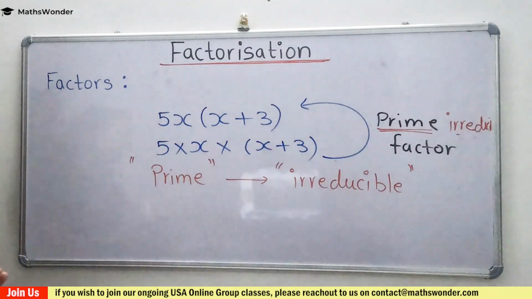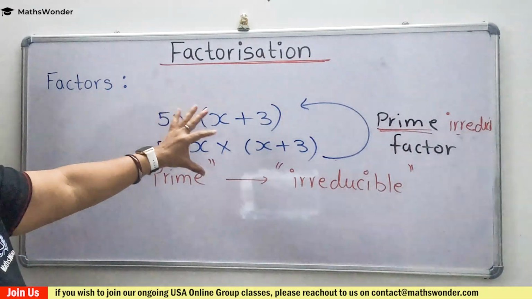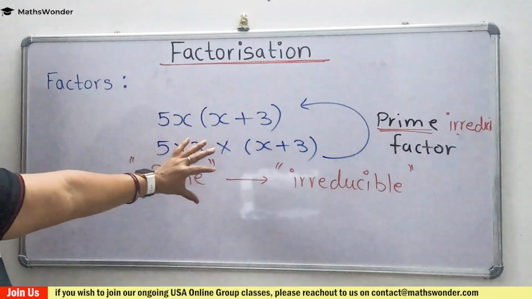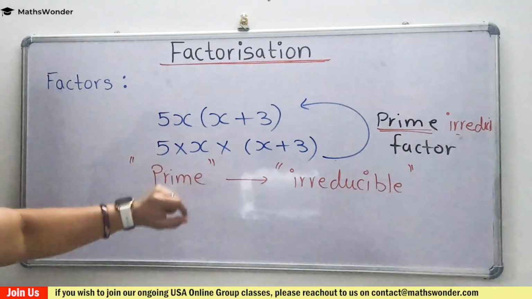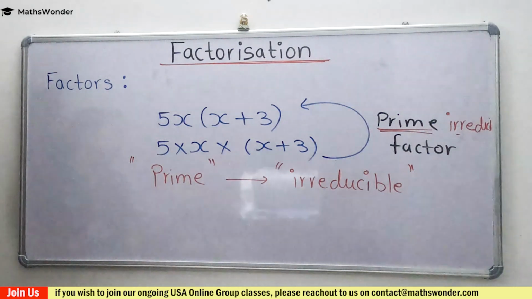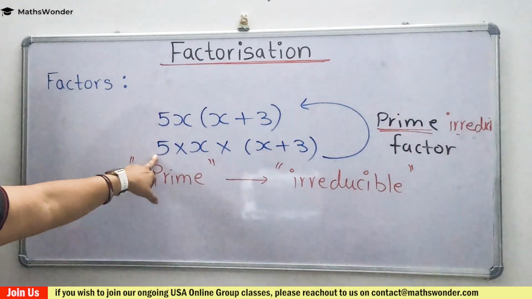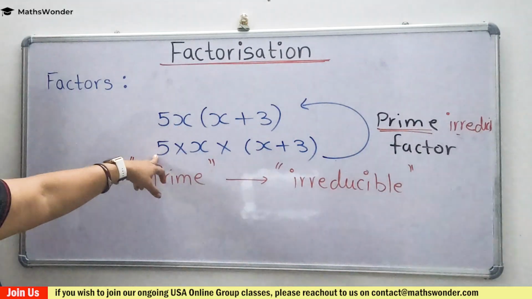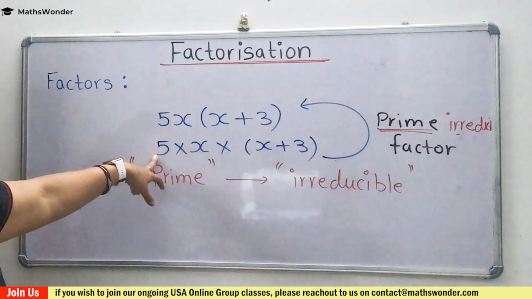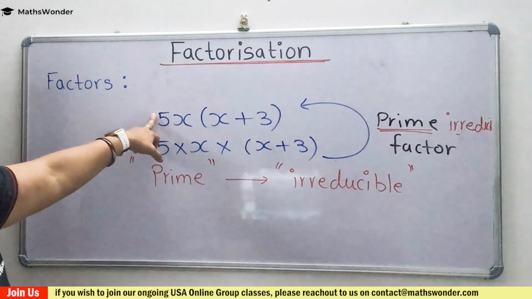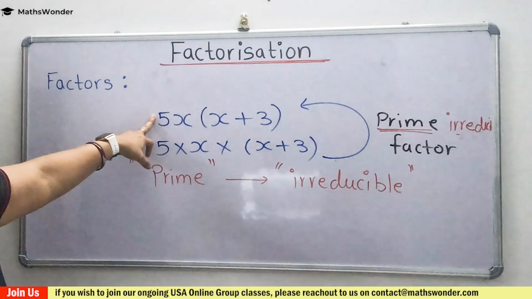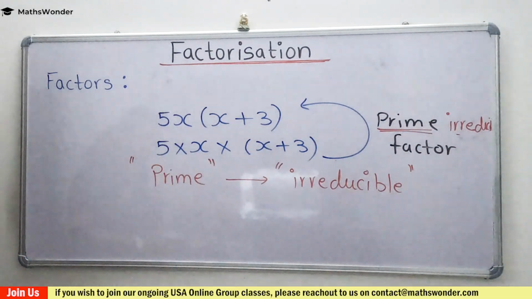Please don't write anything. The process of finding two or more expressions whose product is the given expression is known as factorization. This is the factorization we have done here. The expressions that may be multiplied to obtain the given algebraic expression are called the factors. Now I give you one more example.